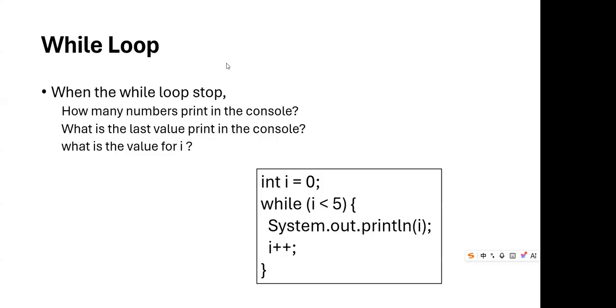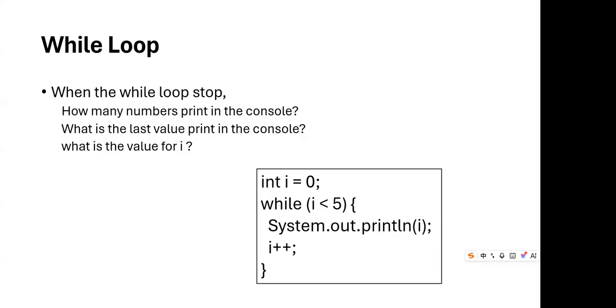And let's have a look at this while loop code snippet. Here, it initializes I outside of the while block, and while I is smaller than 5, we output the I number there. And after that, I is incremented. So there is an important question for the last one: what is the value of I when the while loop stops? We can think in such a way: when I is 0 and I is smaller than 5, we output I, which is 0.